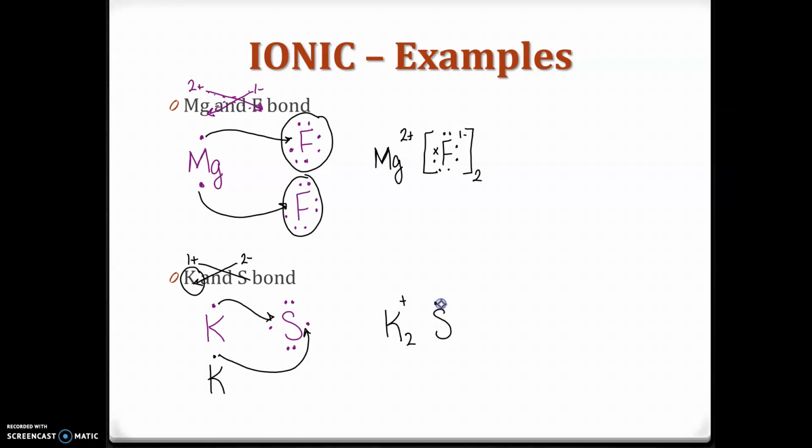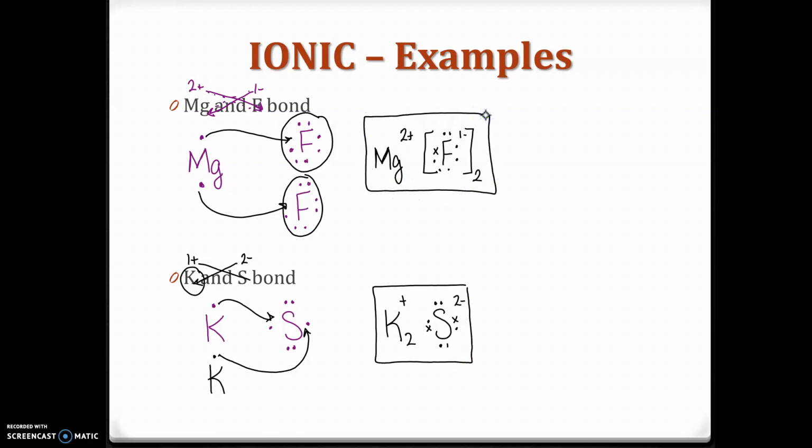So sulfur has 1, 2, 3, 4, 5, 6 of its own, and then it has the 2 that it received from both of the potassiums. This would be my final answer, and again, I don't need to put potassium in brackets because there are no electrons left to package.